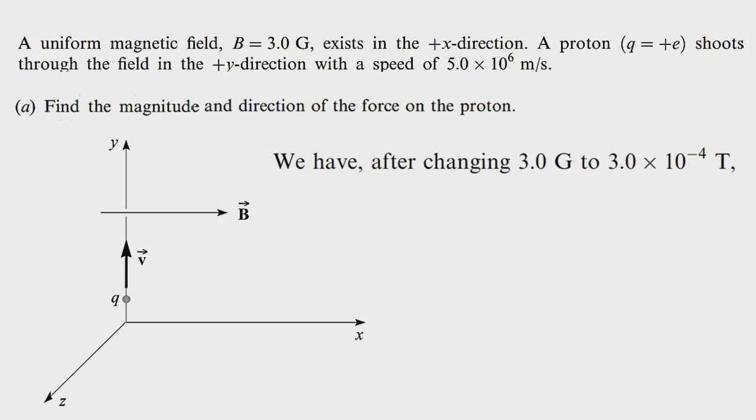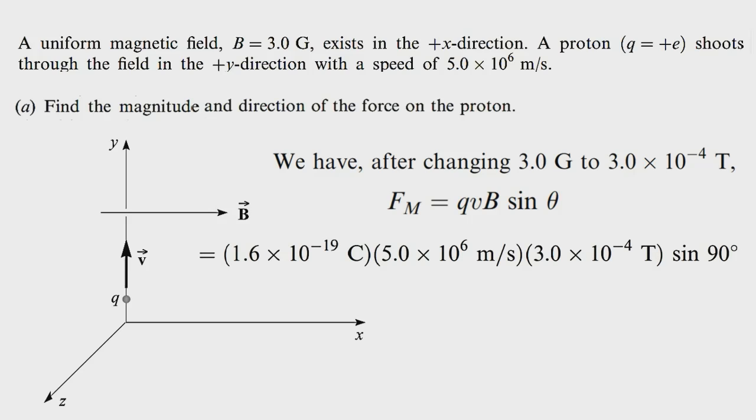Since the magnetic field is equal to 3.0 Gauss, this is also equivalent to 3.0 times 10 to the minus 4 Tesla. Using the formula, F sub m is equal to QV times B sine theta.